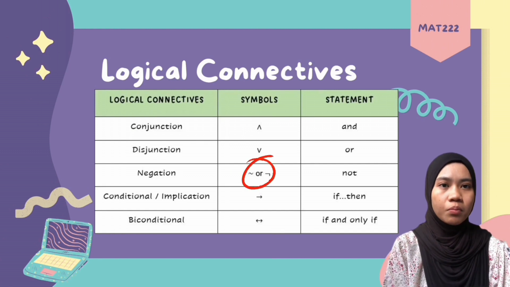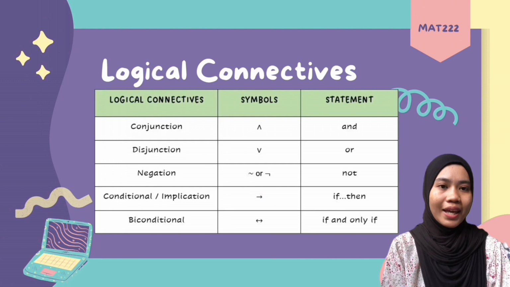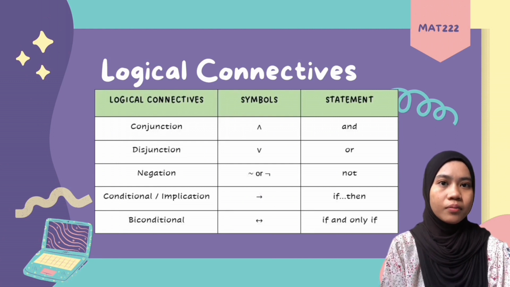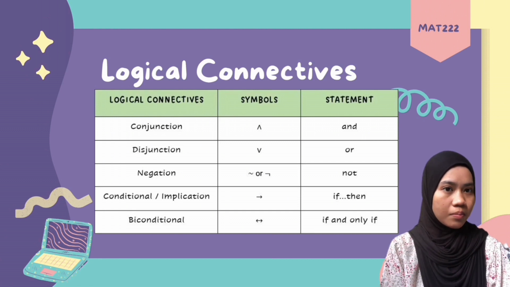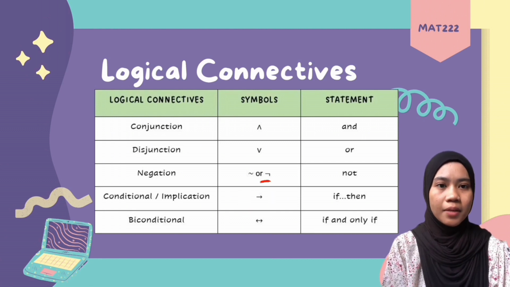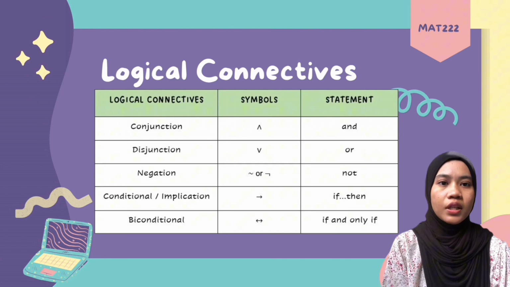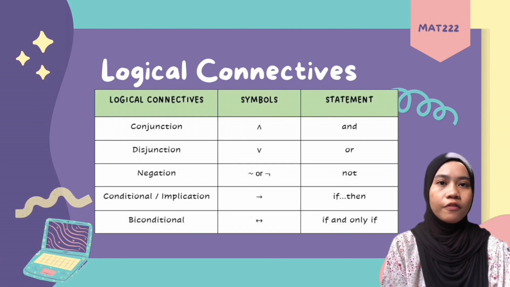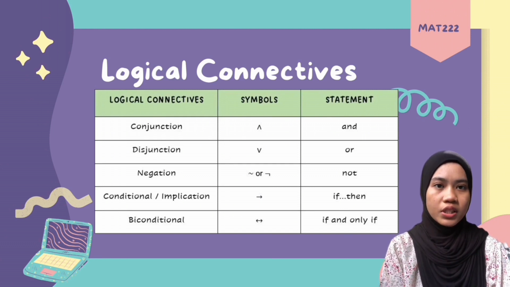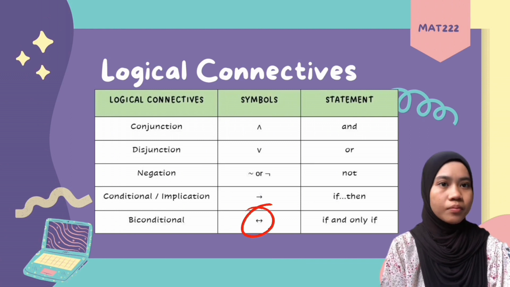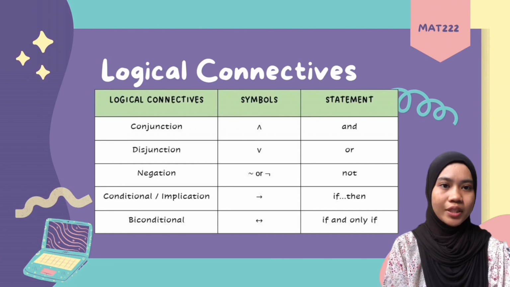There are two symbols for these logical connectives. And the statement is not. For conditional or implication, the symbols and the statement is if, then. For the last one is biconditional and the symbols. The statement is if and only if.